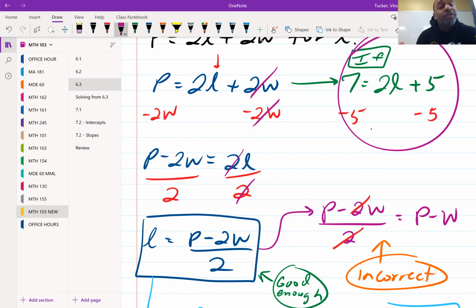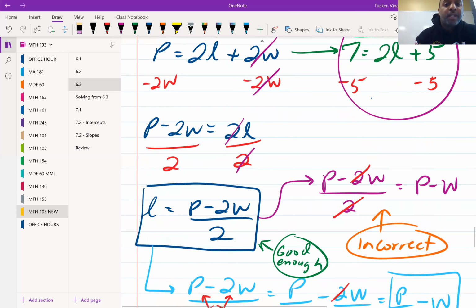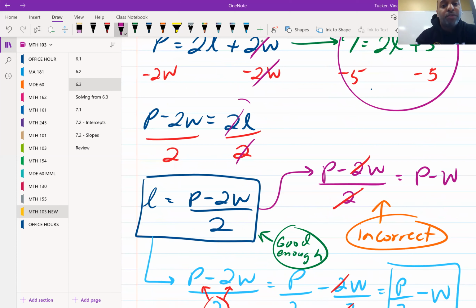So I need to undo the addition of 2W and undo the multiplication of the 2. To undo the addition of 2W, I have to subtract 2W, and that's why I subtracted 2W from both sides. Then to undo the multiplication of 2, I divide by 2.